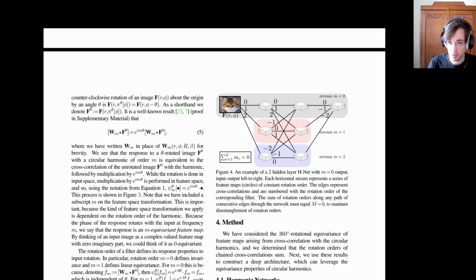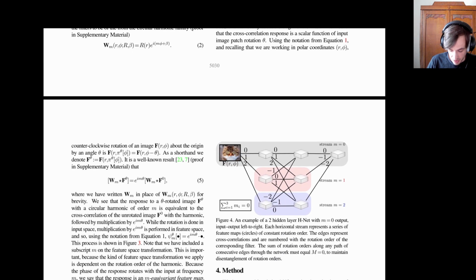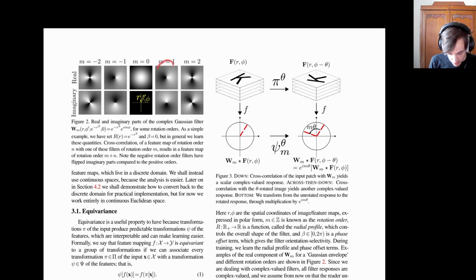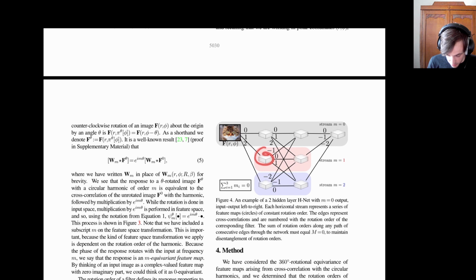But if I filter it with an isotropic filter, type 0, then I'm able to pick up isotropic patterns, right? So the feature maps generated by M0 filters are still of type 0. If I then convolve it with a frequency 1 filter, so let's say positive frequency 1, then I actually generate feature values that transform with frequency 1. Okay, so that's these type of feature maps and so on.